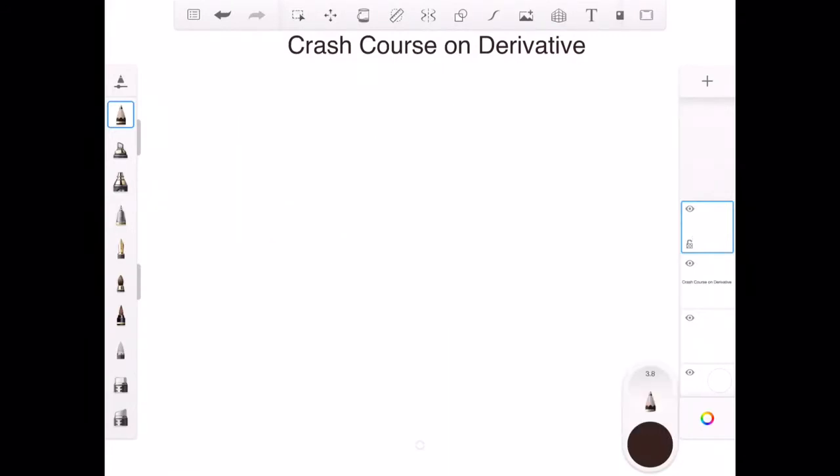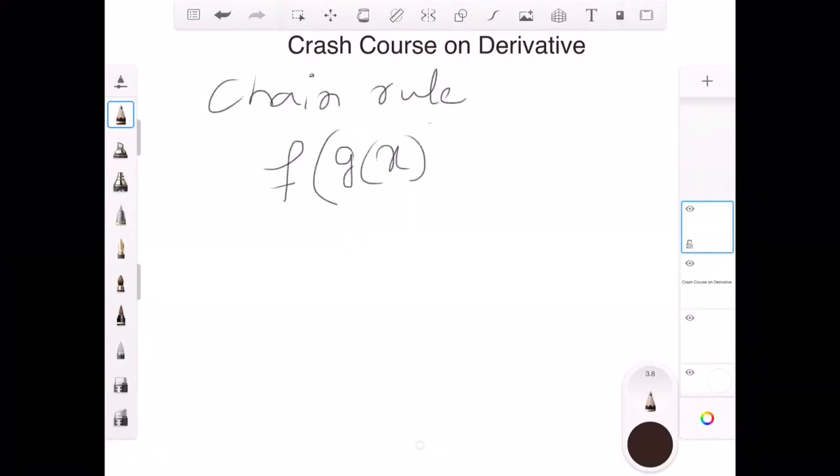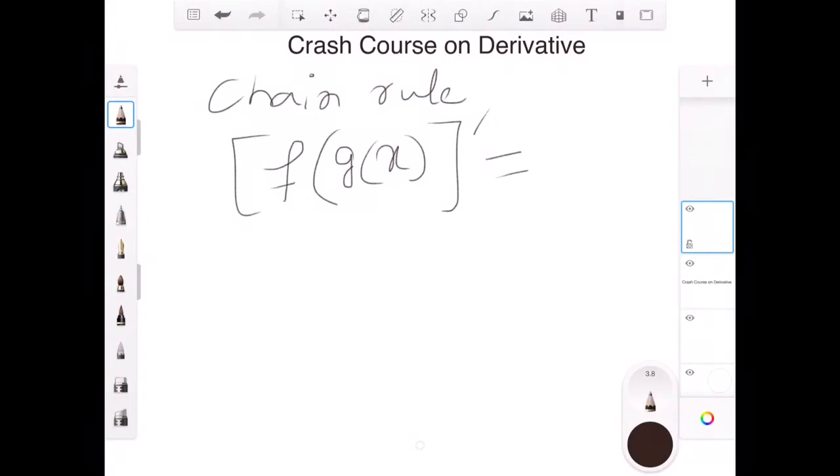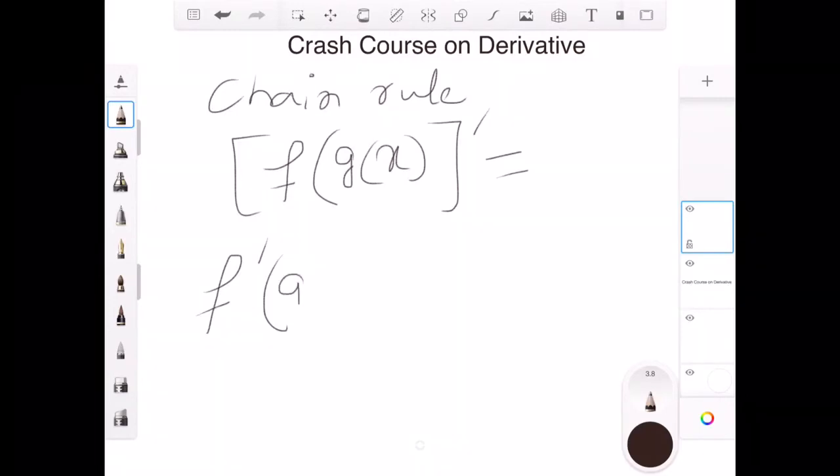Now there is a third rule, the chain rule, and this appears most frequently. Chain rule is nothing but, if I have a function which takes another function, and I have to take the derivative of this, then this is equivalent to taking the derivative of the outer function with respect to the given internal function and then multiplying it with the derivative of the internal function.